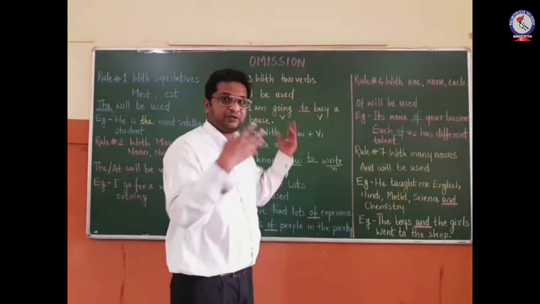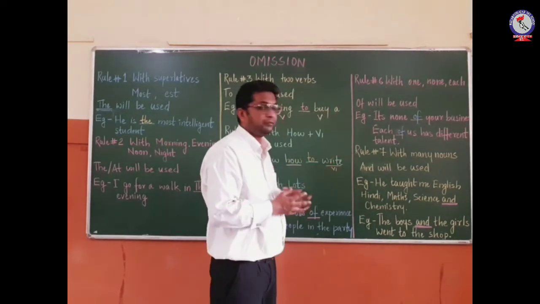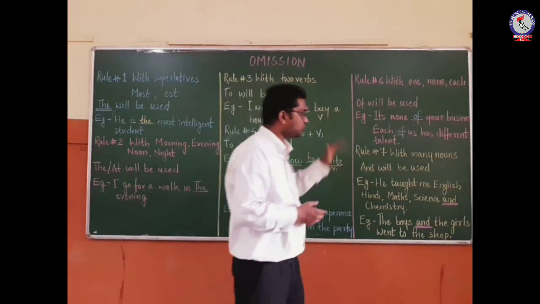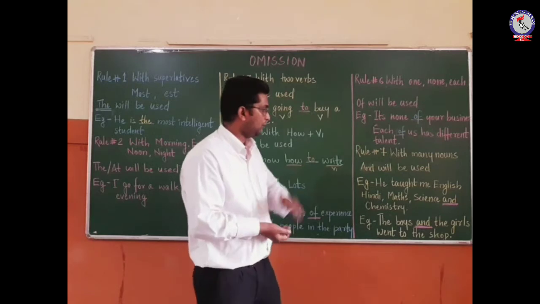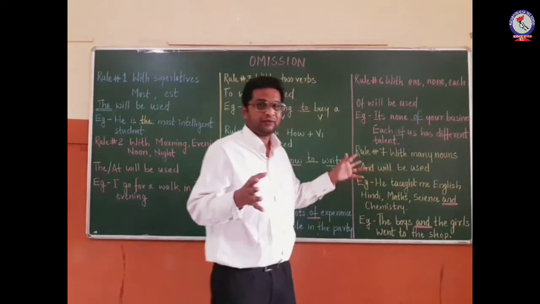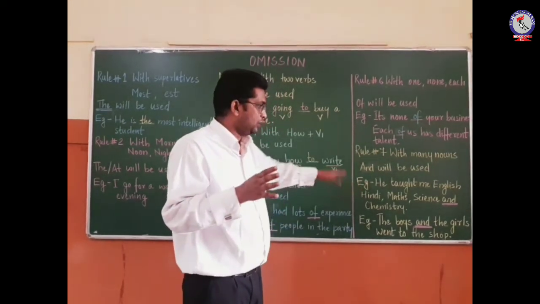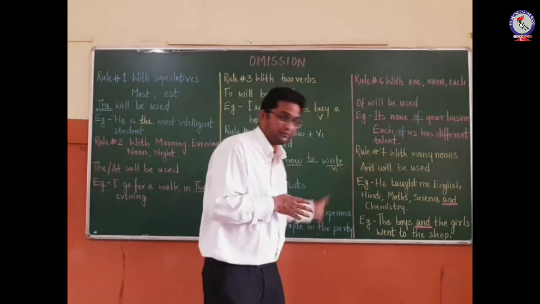Let's see the rule number 7 with many nouns. And will be used. And is a connector. It is a conjunction. So with many nouns, and will be used. See here one example. He taught me English, Hindi, maths, science and chemistry. There are many nouns in the sentence: English, Hindi, maths, science, chemistry.